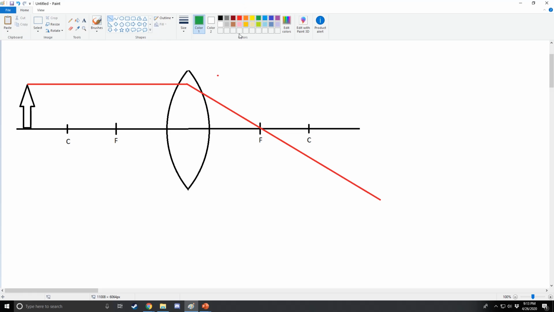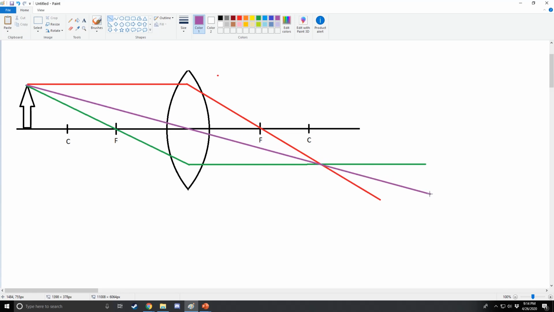And then the next one, I do through the focal point, and then parallel. And then the last one is going to be through the center of this. Wow, that was perfect setup. And what we're going to end up getting, there it is, an inverted arrow.